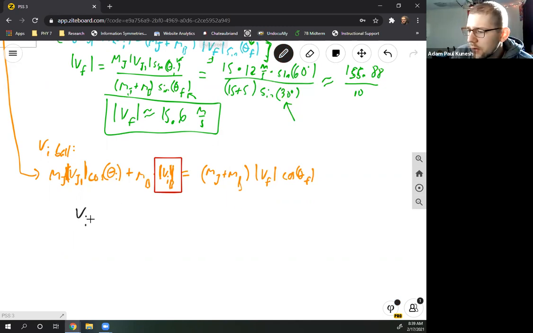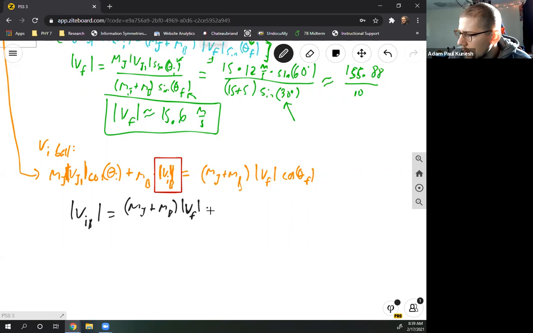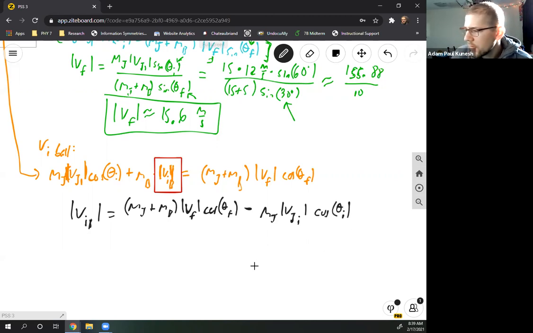So the magnitude of the initial velocity of the ball is the right-hand side, m_J plus m_B, v_f cosine theta_f, minus m_J magnitude v Jersey initial cosine theta initial, then I divide both sides by m_B. So over m_B and over m_B.